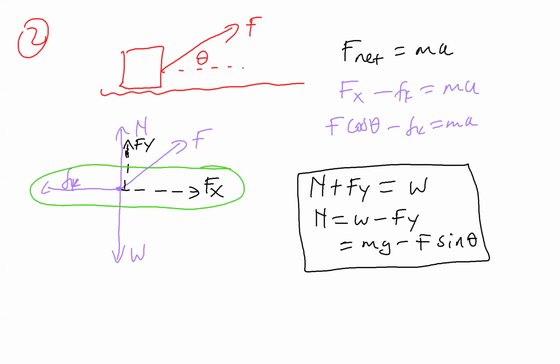If ever you're not told that the object is at rest, how will you know? If the object is not at rest, it simply means that it's moving. If they don't tell you that it's at rest, the object is moving. For rest or for constant velocity, they will have to say it.